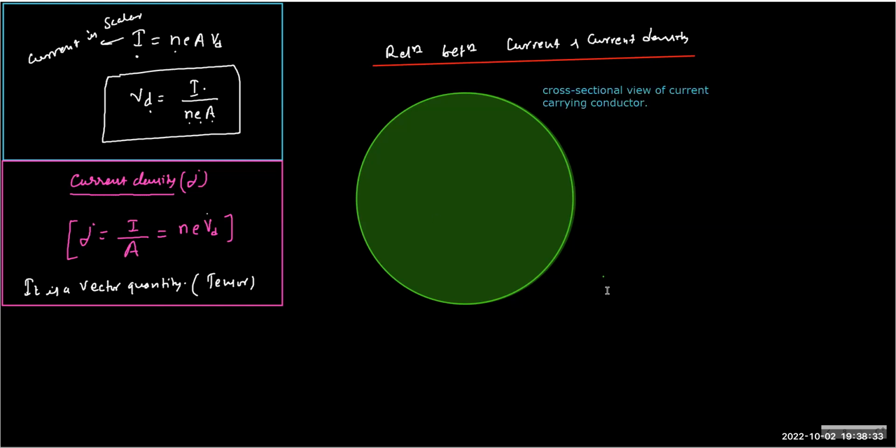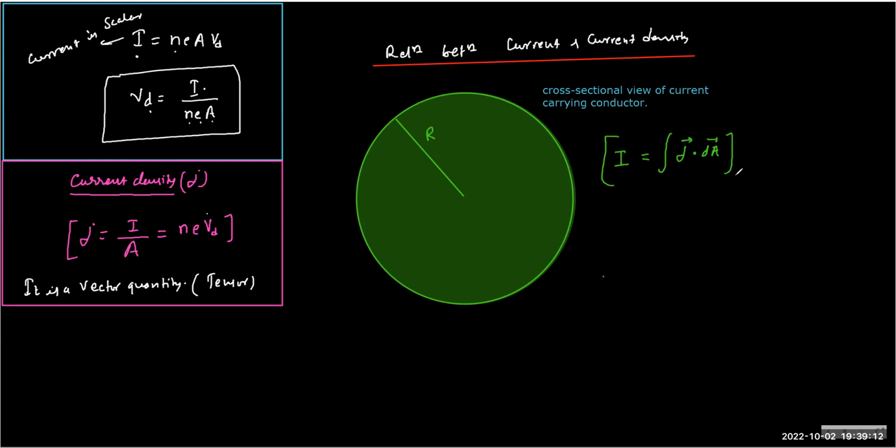And this is the capital R radius. And let's say the current density is varying over the surface with some function. So when we define current for the entire cross section, if it is not uniform, then I equals the integral of J vector dot area vector. That's it. It is J dot dA.